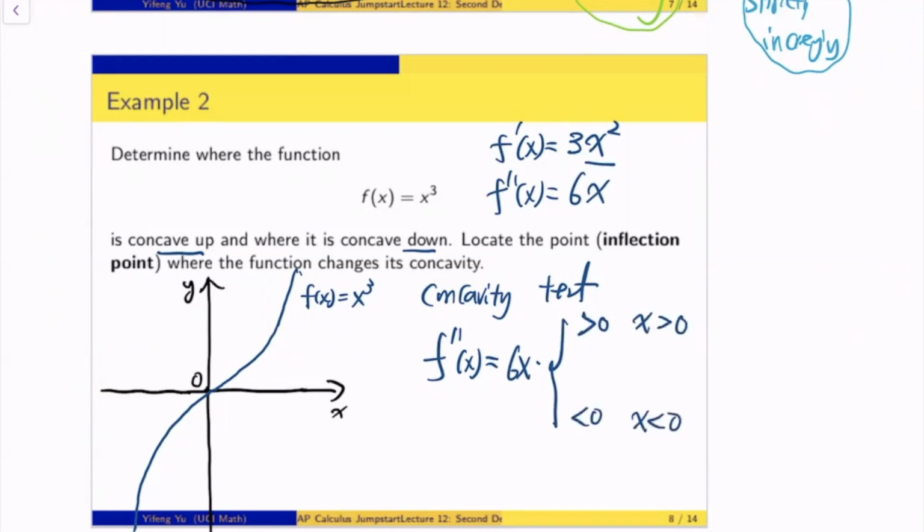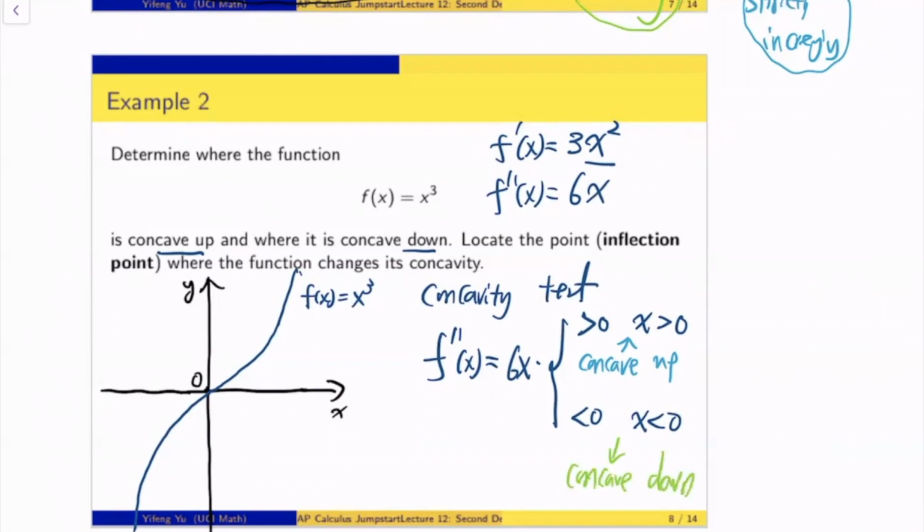So when x is bigger than 0, it will be concave up, and this part will be concave down.